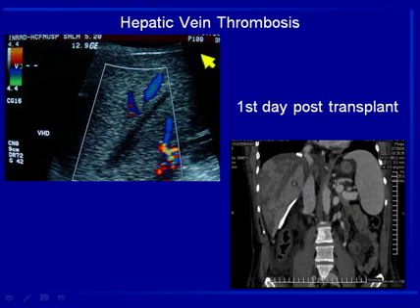This is an adult on the first day post-transplant with right hepatic vein thrombosis confirmed on Doppler and the correlation with the CT study.